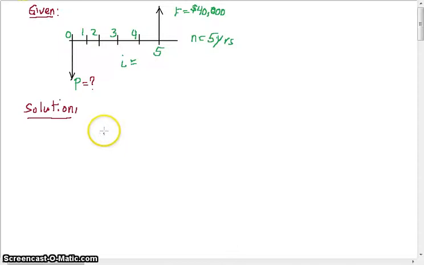We know the formula, we have that if we look in the front of the book. We see that the formula is P equals our F, which we know, times 1 plus I to the n power, right?